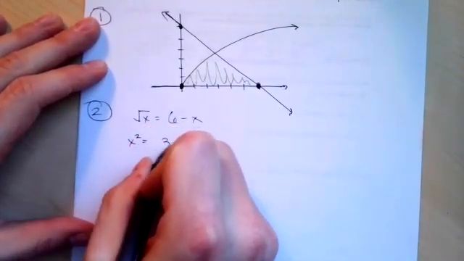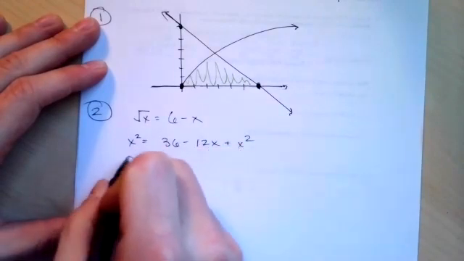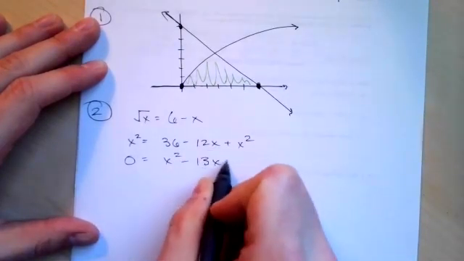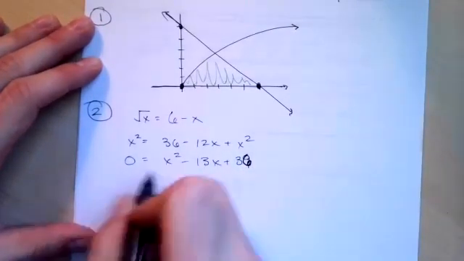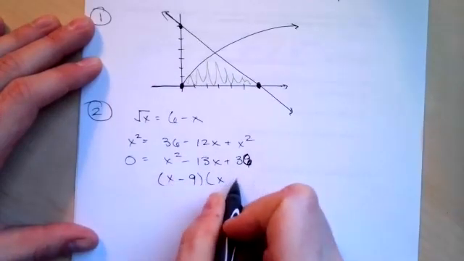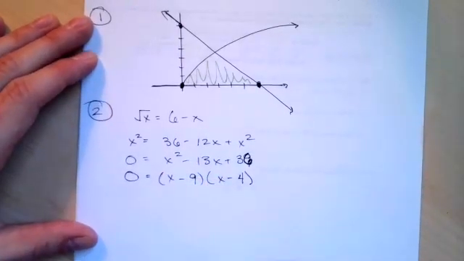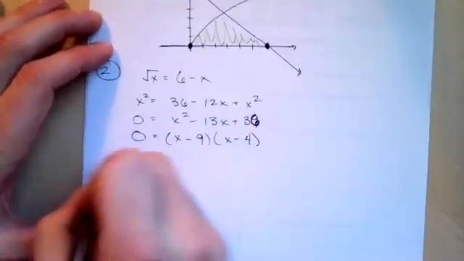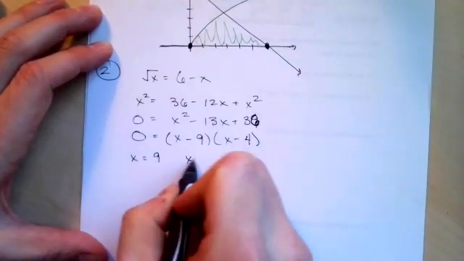So x is 36 minus 12x plus x squared. Oops, 36, my brain's getting ahead of us. And then we've got x minus 9 and x minus 4. So we get x equals 9 and x equals 4.